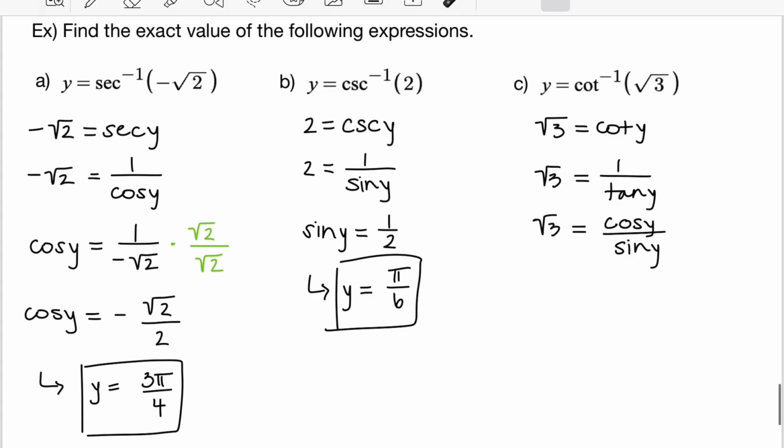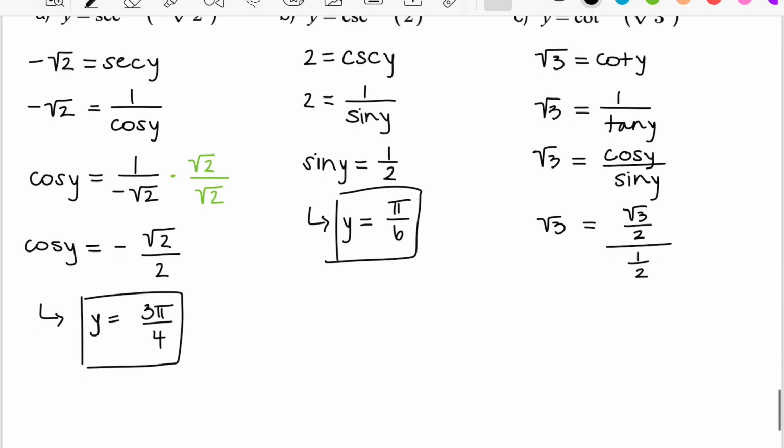So in order to get root 3 on this side, it must be the case that cosine of y is root 3 over 2, and sine of y is 1/2. This is because this is the same thing as root 3 over 2 times 2 over 1. These guys will cancel and we'll get root 3.